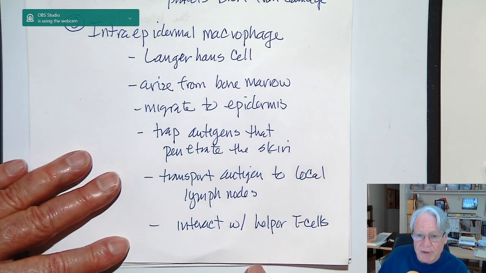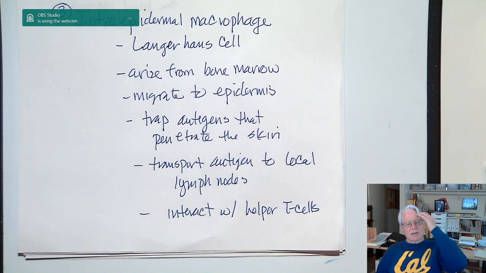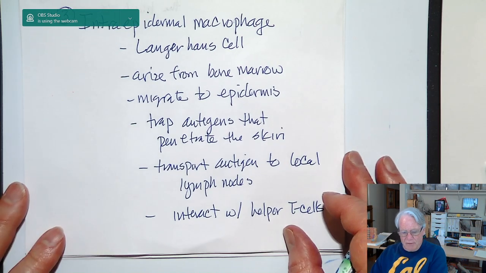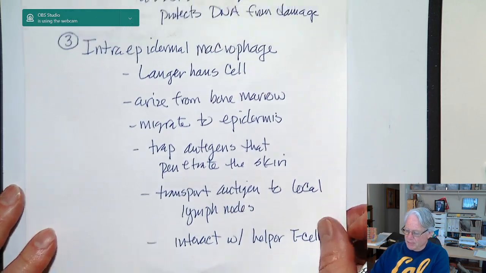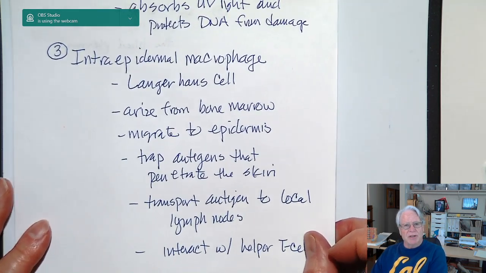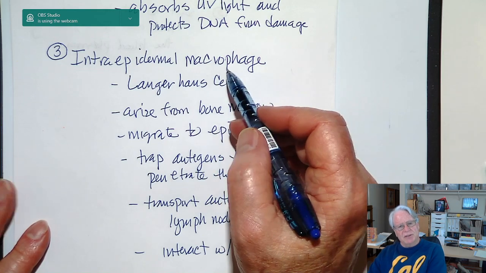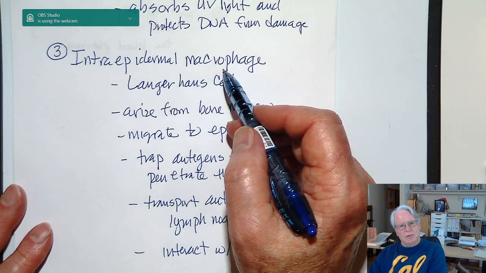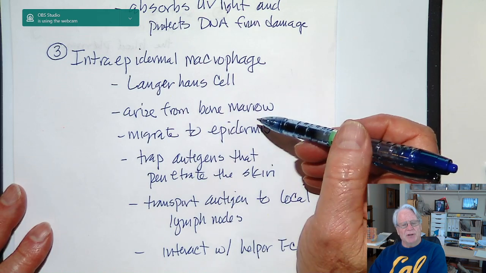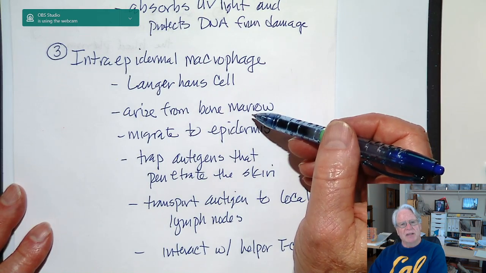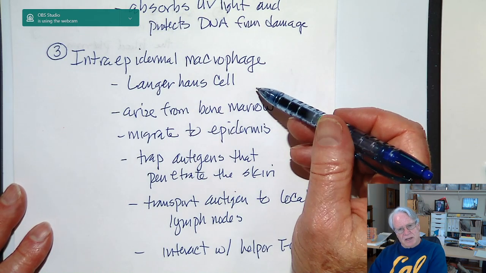Now, this is a very complex story, and you're going to learn about that story when you do the immune system. But I'm going to give you a very short sort of synopsis of what we're doing here. So this is a macrophage. The macrophage will engulf things. So it's going to arise in the bone marrow, travel through the blood, get to the skin.